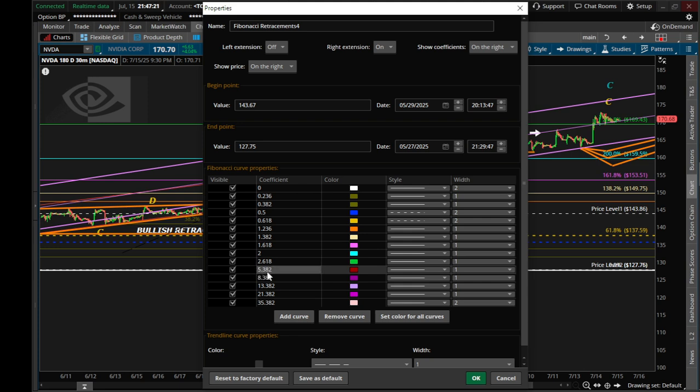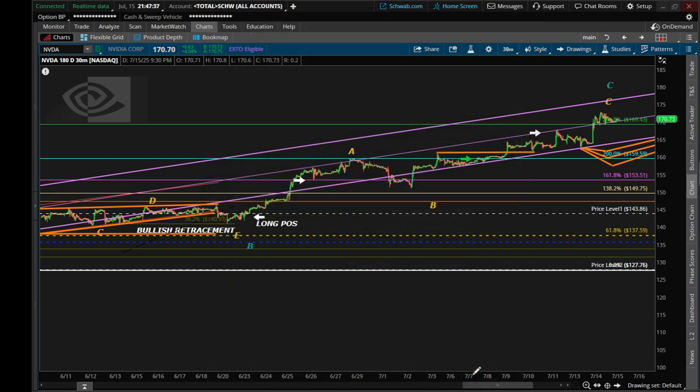Why do I have 5? Okay, I'm going to change this one up. We're going to put the 300 up. All right. So yeah, ultimately the 300 would be the next target.